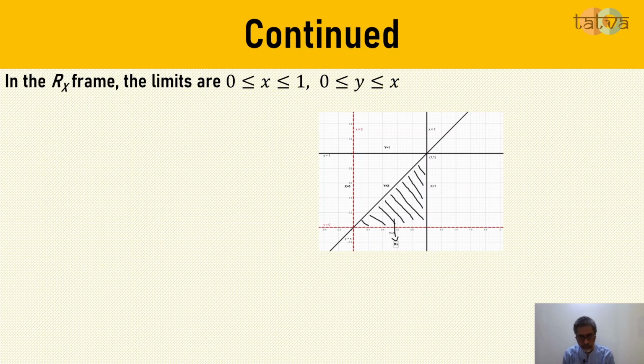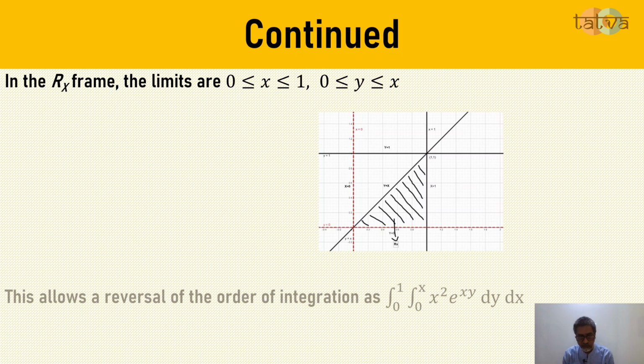So you draw the line x is equal to 0, which forms the left boundary, and then x is equal to 1, which forms the right boundary. So x limits are 0 to 1. Then the lower curve will be y is equal to 0 and the upper curve will be y is equal to x. Of course, in this problem, curves are all lines. So that explains the x limits and y limits.